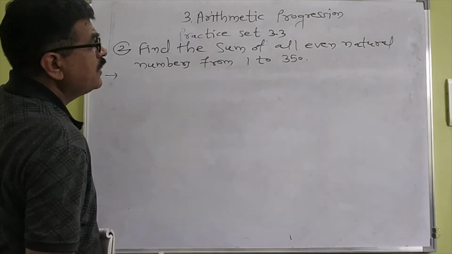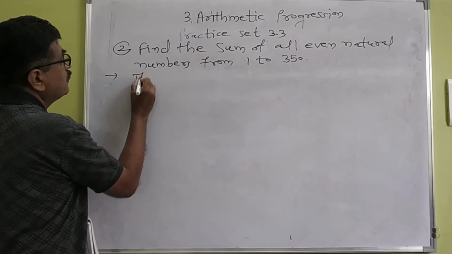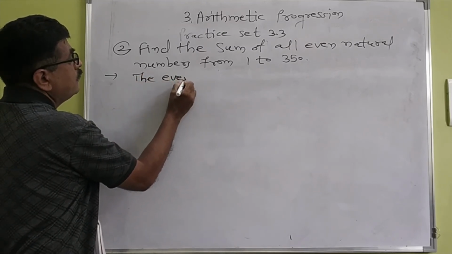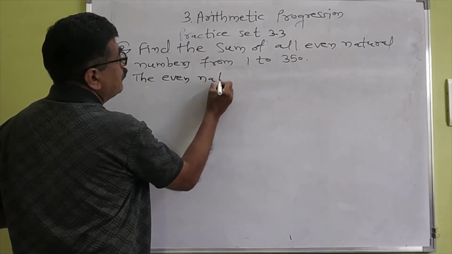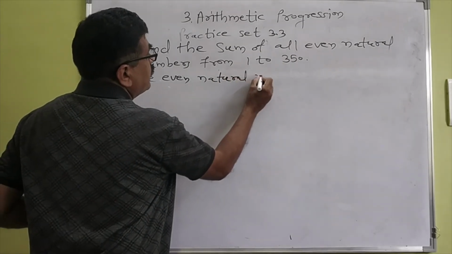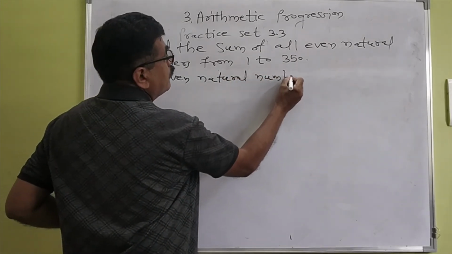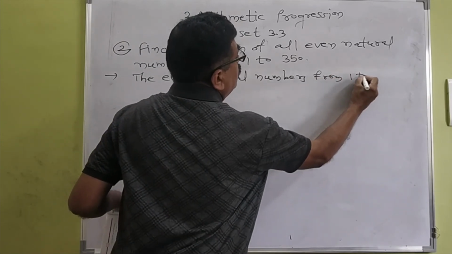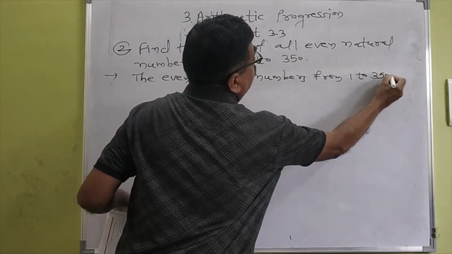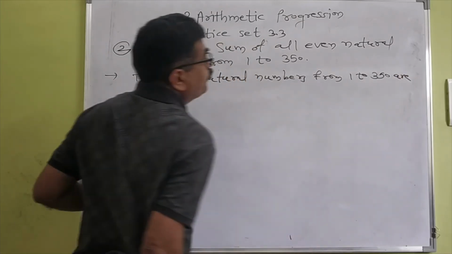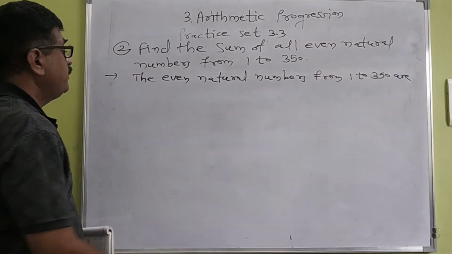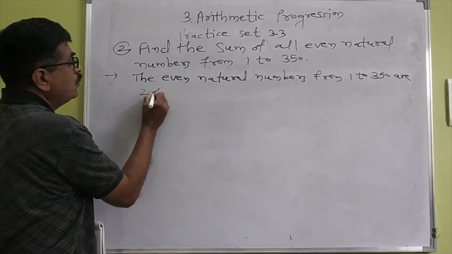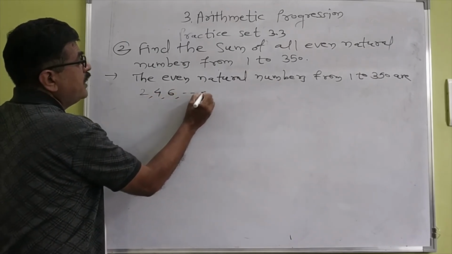The even natural numbers from 1 to 350 are 2, 4, 6 and so on.